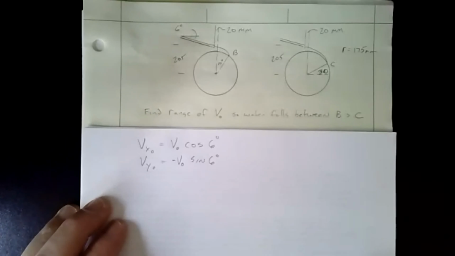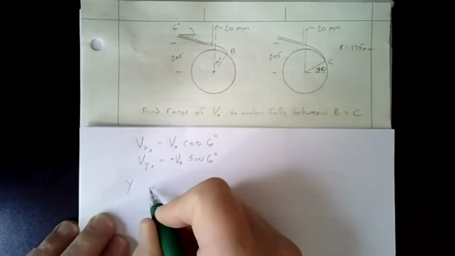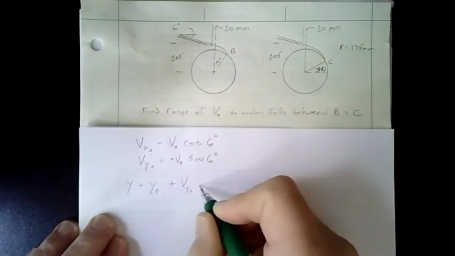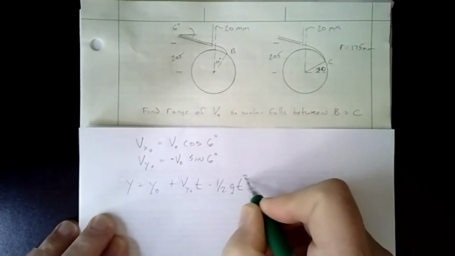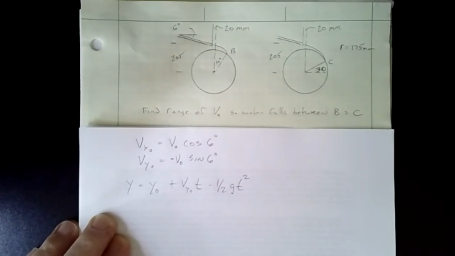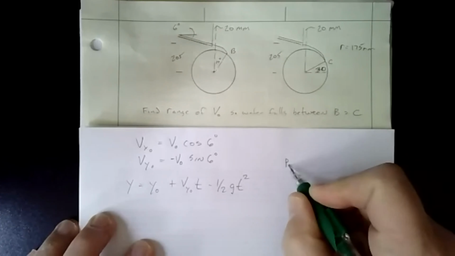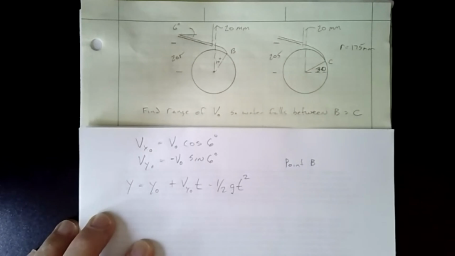And so we know then we're probably going to have to use our free fall equation. So y equals y naught plus v y naught times time minus 1/2 g t squared. All right. And so we know the location of point B, its x and y location, so I'm just going to write that here, point B, because we want to know where it is relative to the other point.